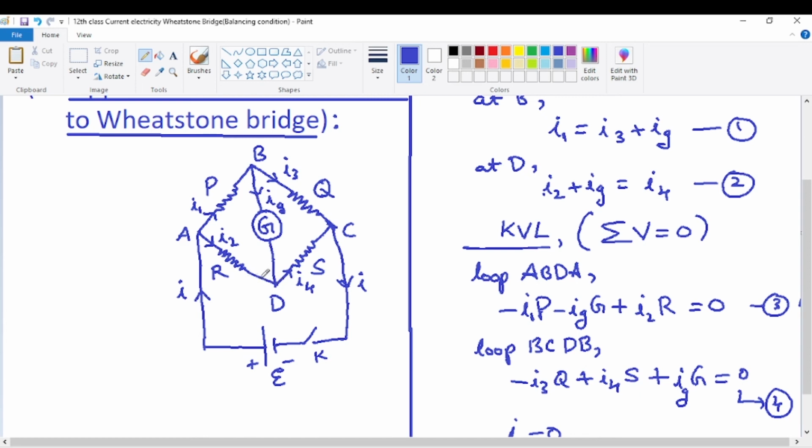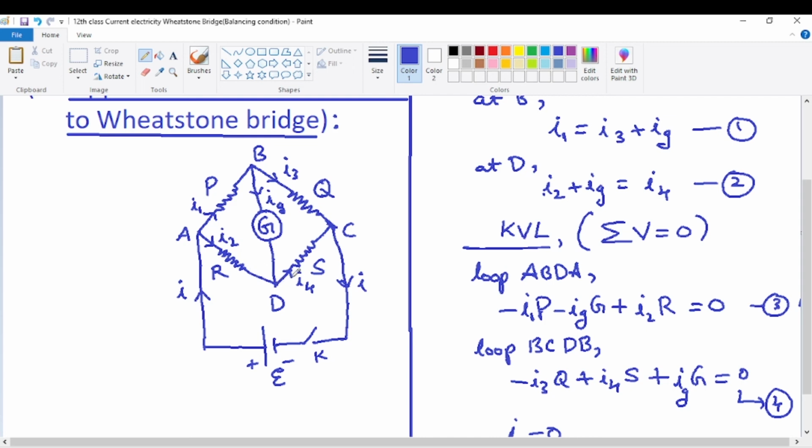That gives some theoretical complications to understand. It becomes very difficult to understand when we are moving the lower end of the galvanometer connecting wire across this portion to different points, why the potential is changing. That doubt can come. It will not be changing if it's a copper wire.